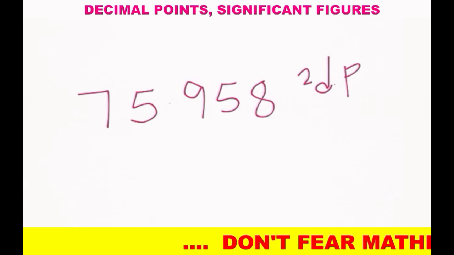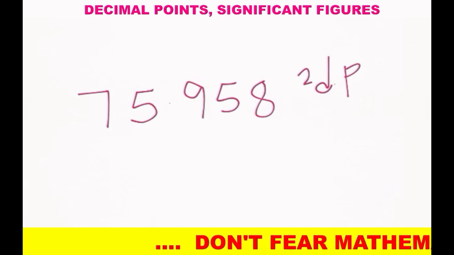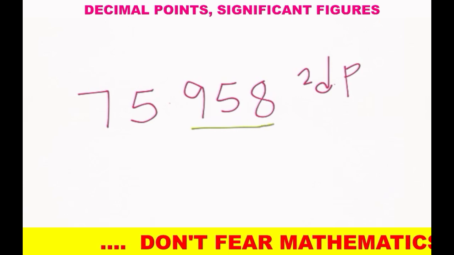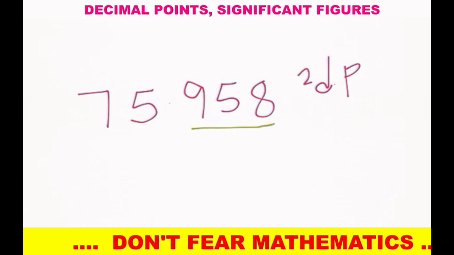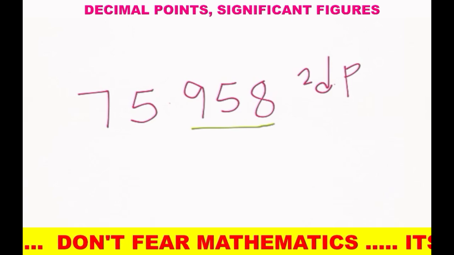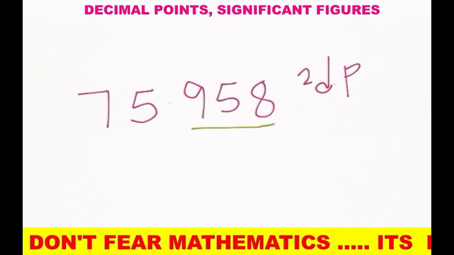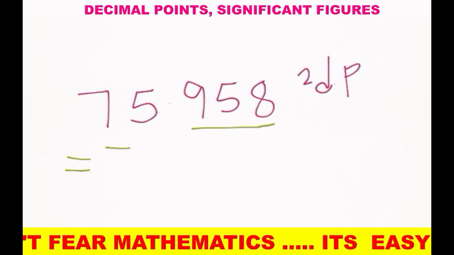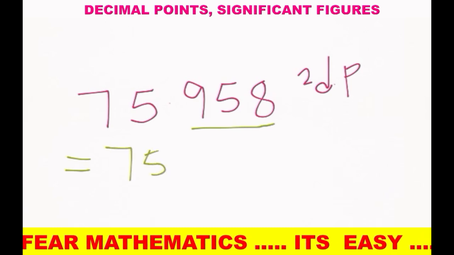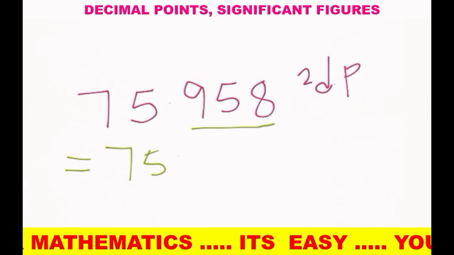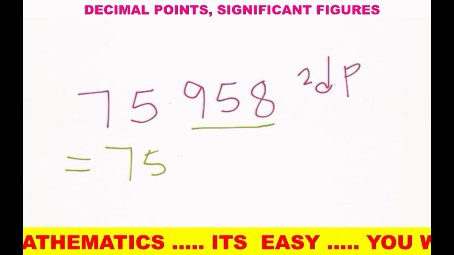The numbers that come after the point are 9, 5, and 8. So our answer will start with 75. Just write your 75, bring your point, because our focus is on the decimal part.